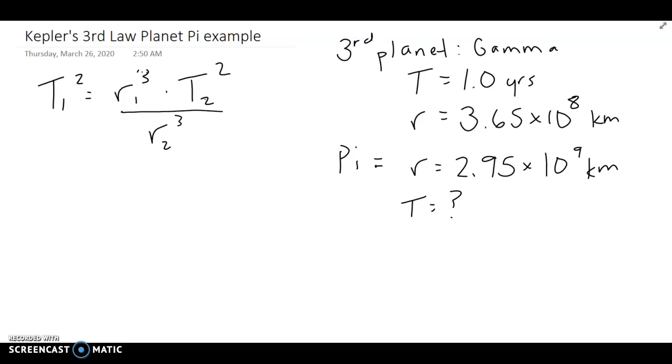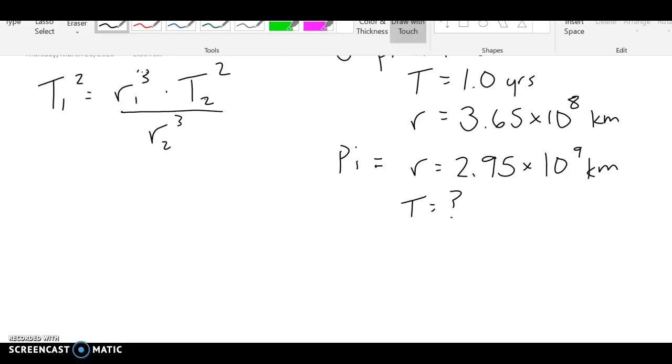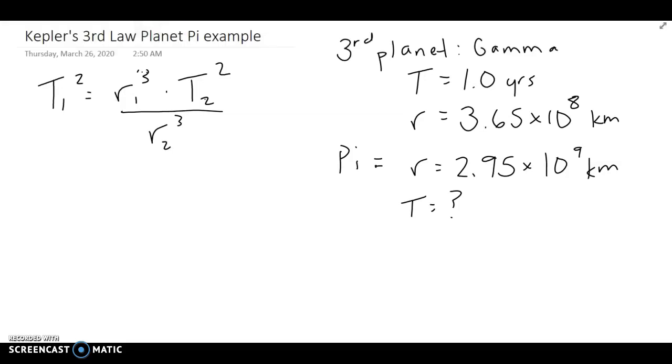Now, the difference here between exponents and subscripts: the subscript refers to the planet. In this instance, our number one planet is Pi. So this period here and this R value here have to do with Pi, with that planet.